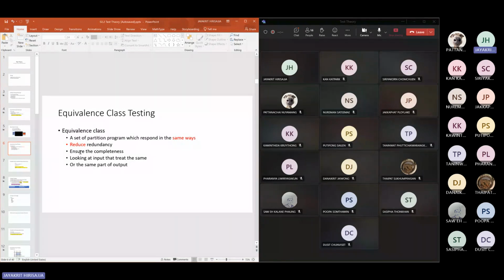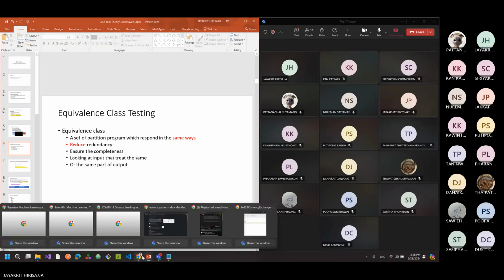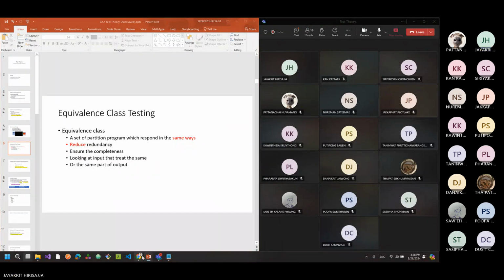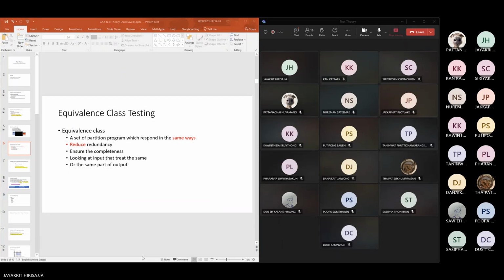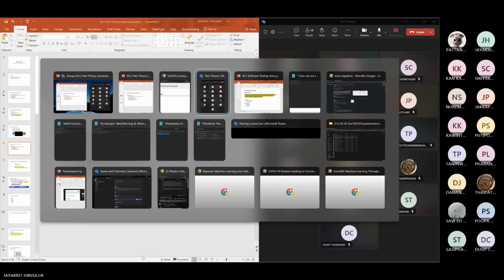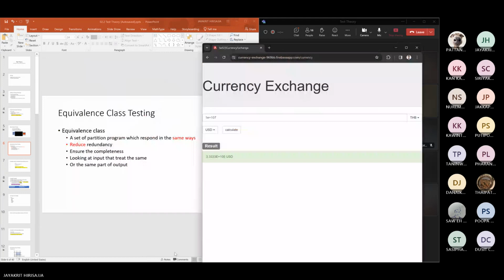So how do we decide that, how do we get this kind of equivalent class? We can start by looking at the inputs that are treated the same, or produce the same part of the output. What does this mean? It means that if we input 1 here and calculate, that is equal to inputting this and calculating.